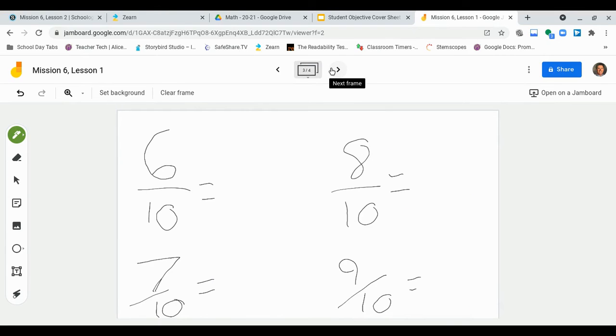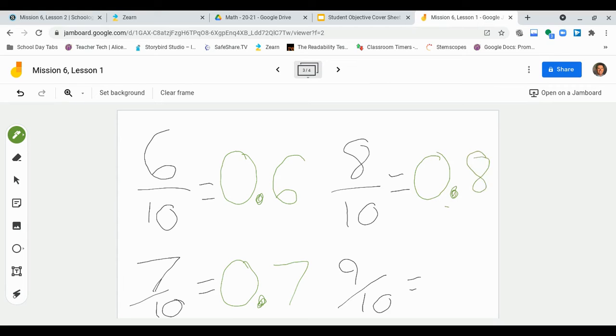If we keep going, 6/10 is 0 wholes, decimal 6. 7/10 would be 0 wholes, decimal 7. 8/10 would be 0 wholes, decimal 8. 9/10 would be 0 wholes, decimal 9.